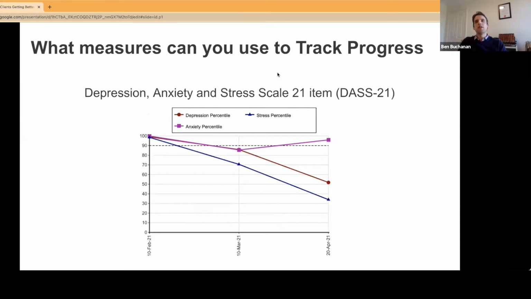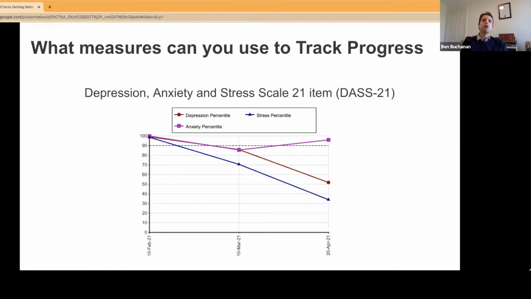And I think the reason why it's popular is that it is measuring three really high prevalence problems: depression, anxiety, stress. And so on the screen now, you can see a graph of some outcomes from the DASS, where someone's been administered firstly in Feb, then in March, then in April.